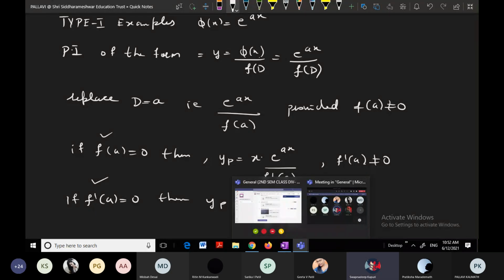See here, if you are getting f of a equal to 0, where is f of a, in the numerator or denominator? Denominator. If you are getting 0, you will write e raised to ax upon 0. What is anything divided by 0?